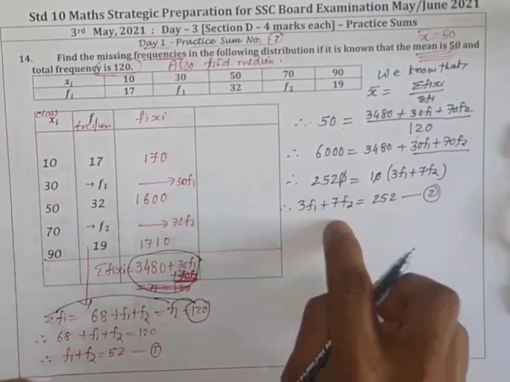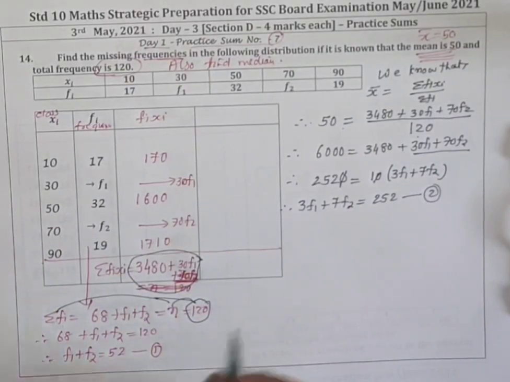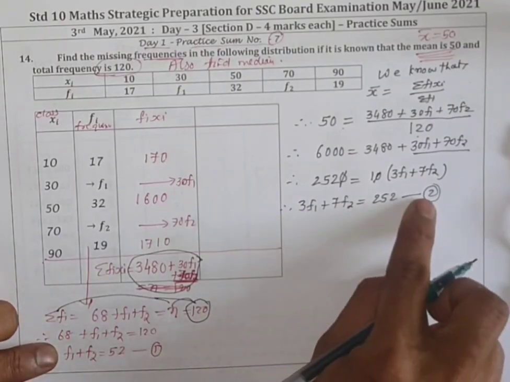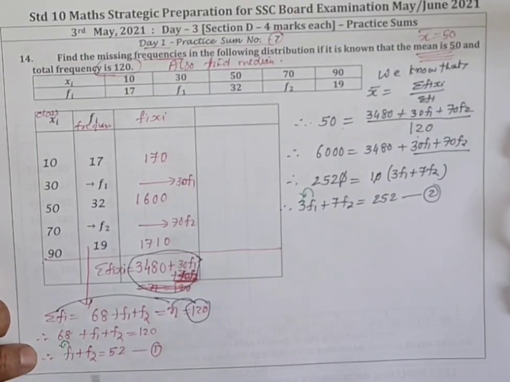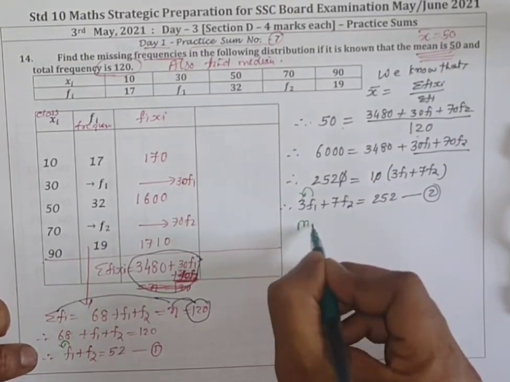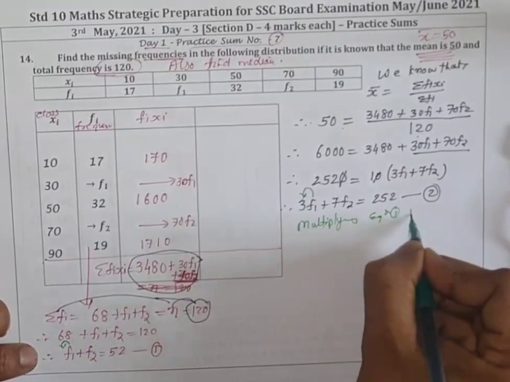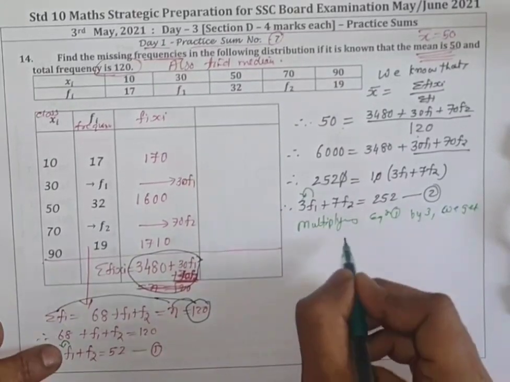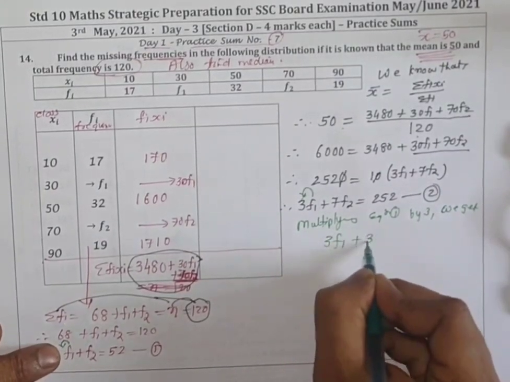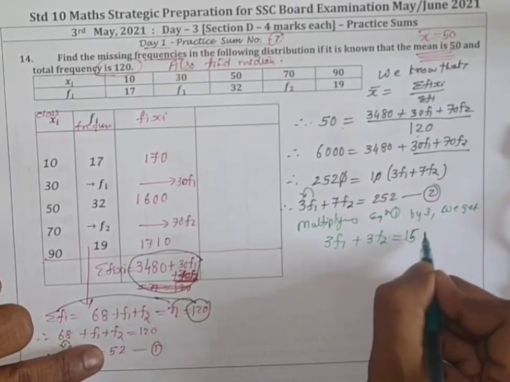This is equation 2. इस बार आपको इक्वेशन सॉल्व करना होगा. चलिए, so you will have to multiply first equation by 3. यहाँ 3f1 है. 3f1 बनाने के लिए, okay. So multiplying equation 1 by 3, we get 3f1 plus 3f2 is equal to 156.